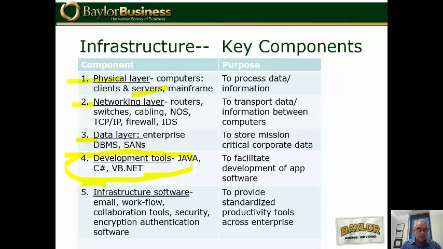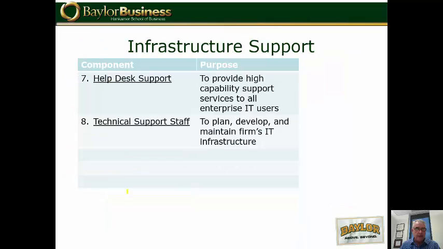Along with this, there's certain types of software that you could classify as infrastructure-related software: authentication software, encryption, collaboration tools, workflow tools, and so forth. And in addition to all the infrastructure technology, you could add in there the support staff, to support applications, to support the tech support staff, and so forth. So that's the infrastructure.